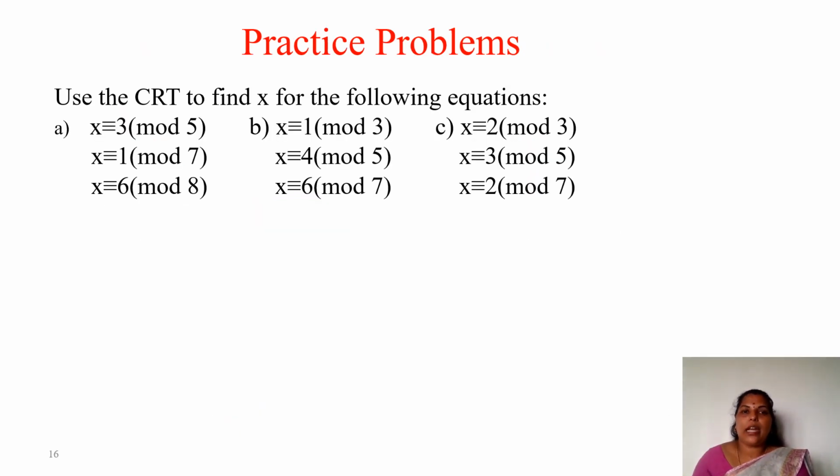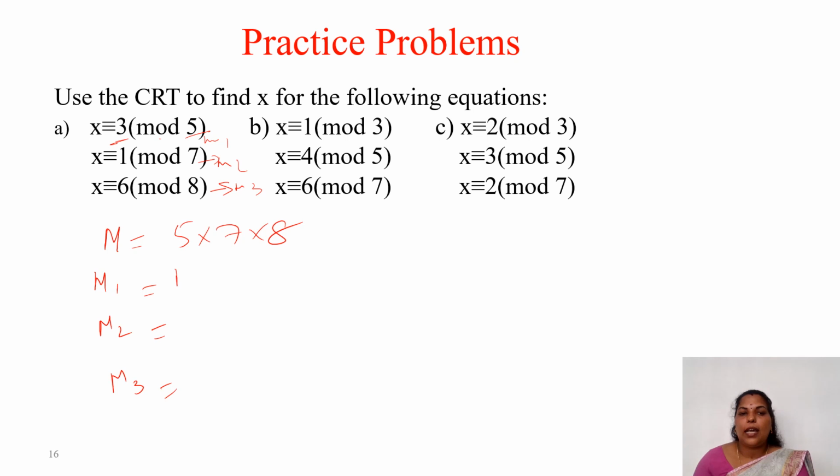I have given you 3 problems to practice. Here x is congruent to a1 mod m1, and so on. The first step is to find M equal to m1 times m2 times m3, so M equals 5 into 7 into 8. After finding M, we find M1, M2 and M3: M divided by 5, M divided by 7, and M divided by 8.